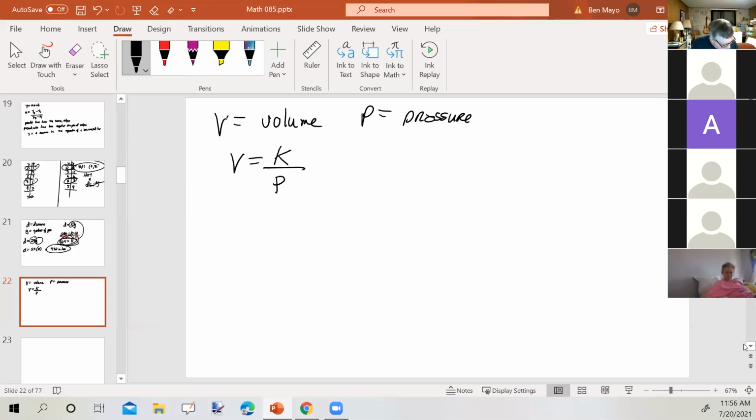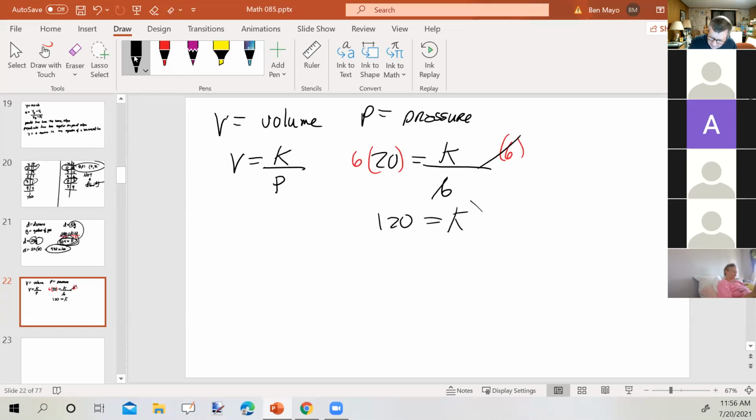If the gas occupies a volume of 20 cubic inches under a pressure of 6 pounds per square inch, now I've got everything but k. I can come back and multiply both sides by 6, and I get k equals 120. That goes in the place of k up here. So now I've got this formula.